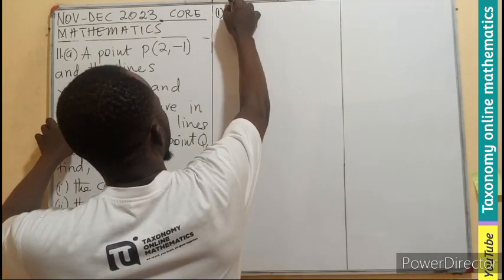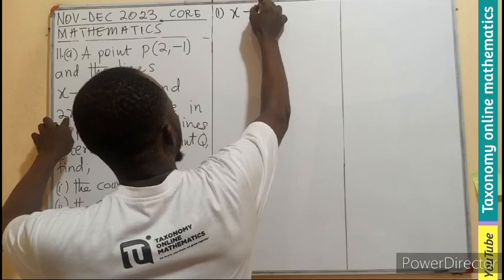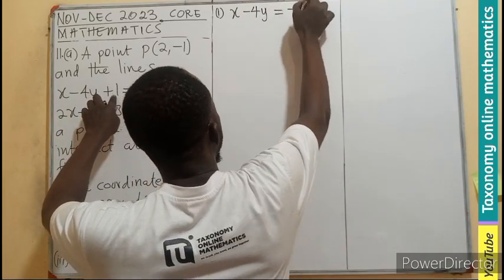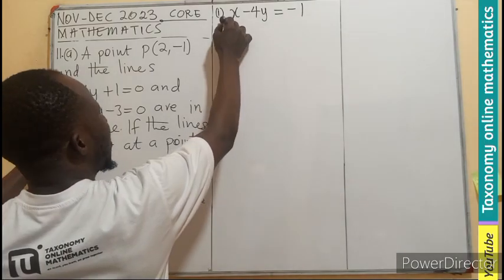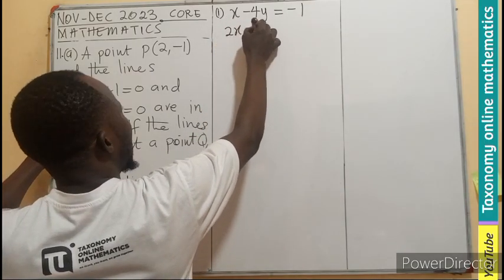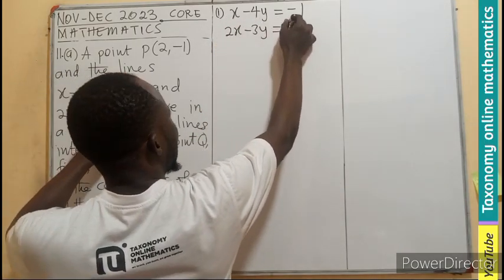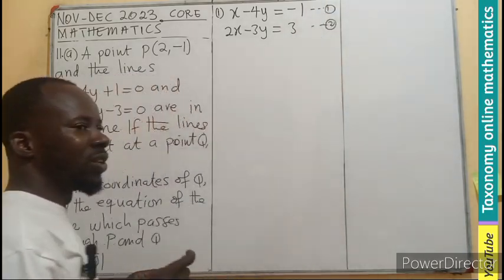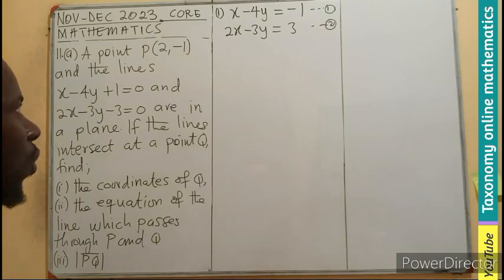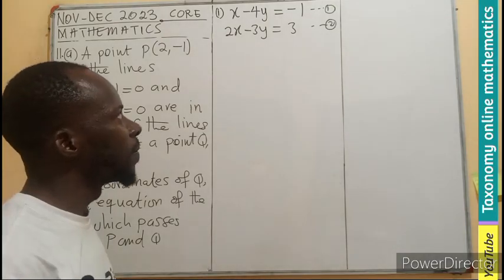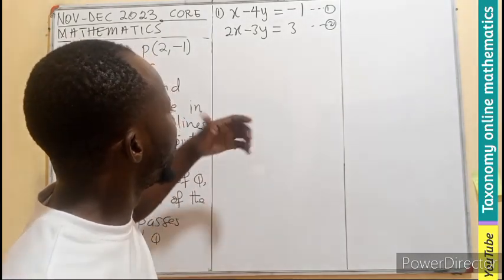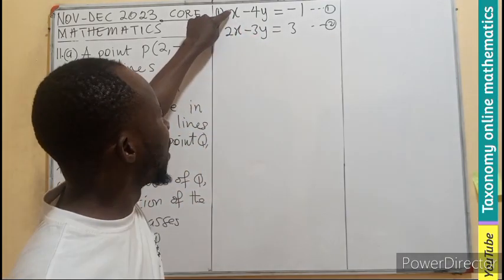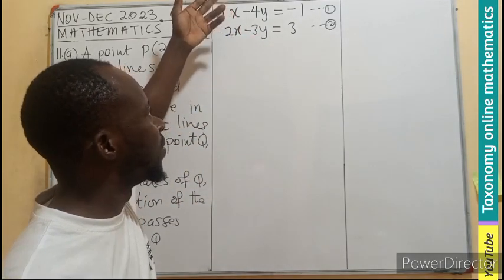So I'll have x minus 4y equals -1, and 2x minus 3y equals 3. So equation 1, equation 2. Those are the two equations we are going to solve simultaneously. In solving this, if I want to use elimination, we try to make the coefficient of one of the variables the same.